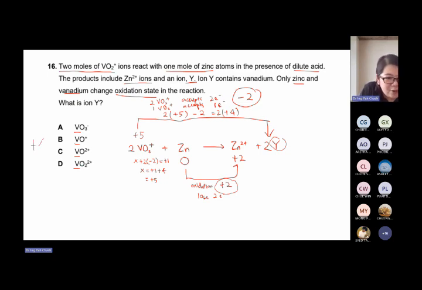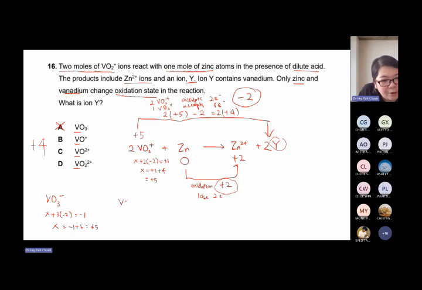Let's look at A. AVO3 negative. X plus 3 times -2 equals -1. So what is X? X is +5. Is it +4? No. A is not the answer.